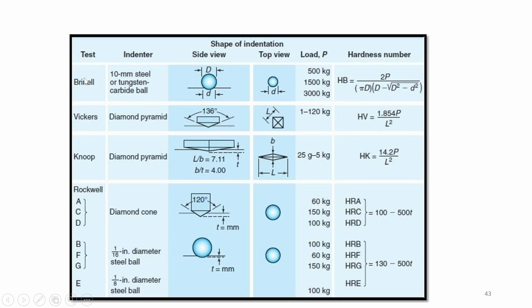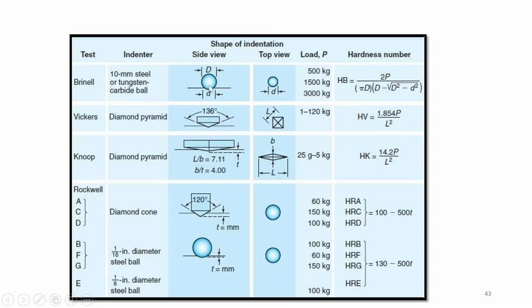Now these are other tests such as Brinell, Vickers, Knoop, Rockwell, the indenters that are used, what the hardness number is, and what formulas are used. In the case of the Brinell hardness test, the indenter used is a 10 mm steel ball or tungsten carbide ball. The side view and top view are similar because it's a ball, so it will have a circular cross section.